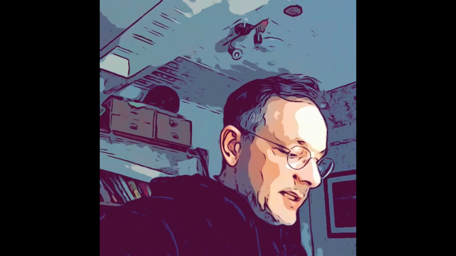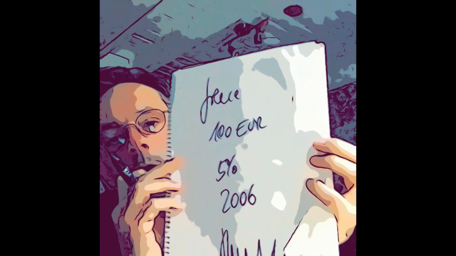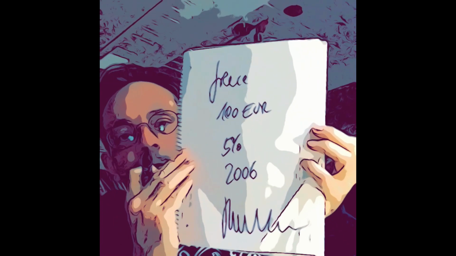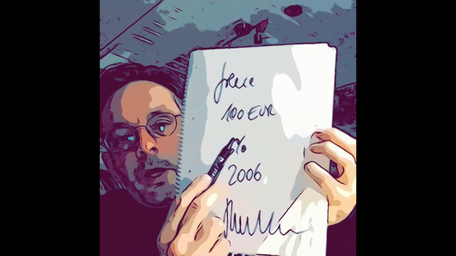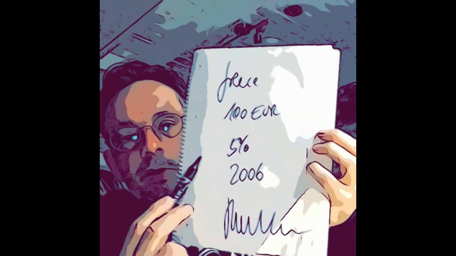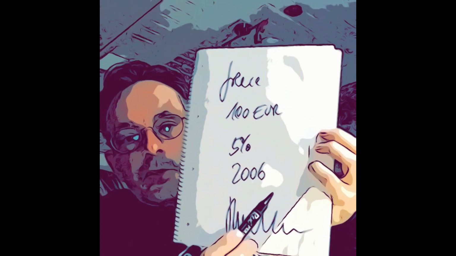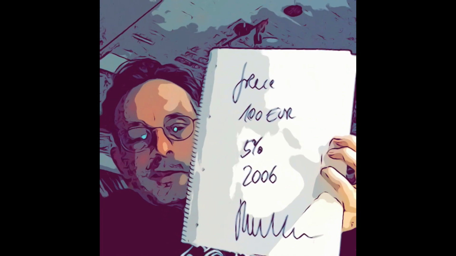So once more, the Greeks write a government bond of 100 euro. The interest rate is 5%, it's the year 2006, and you get a nice signature. So once more, the Germans get this very nice Greek government bond, 100 euros, 5% interest, the year 2006 and a nice signature.